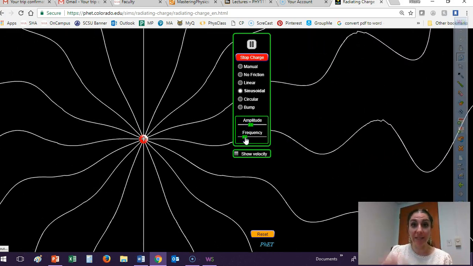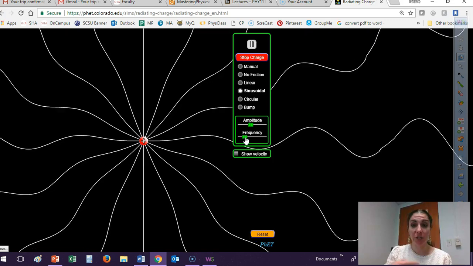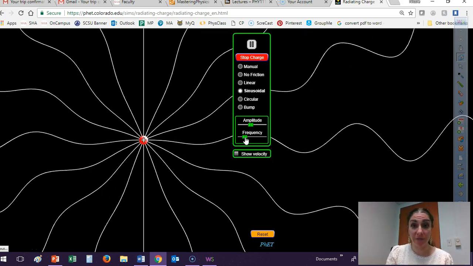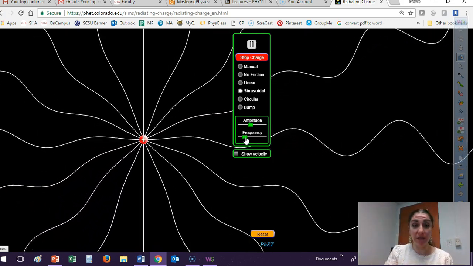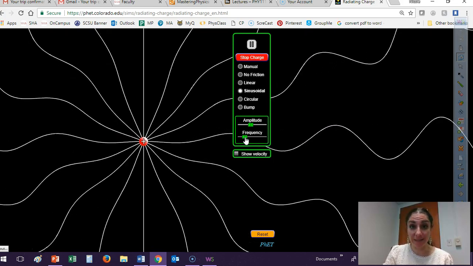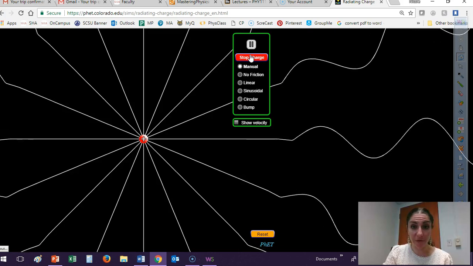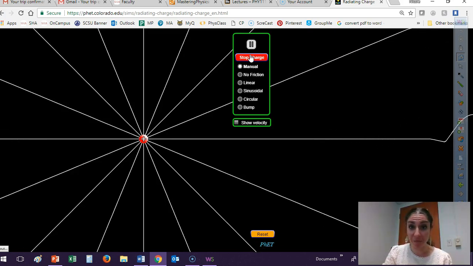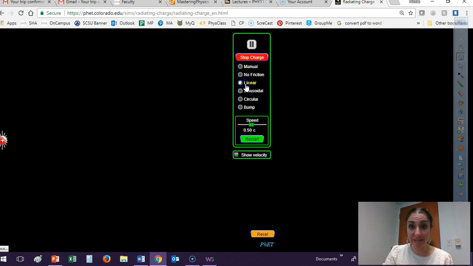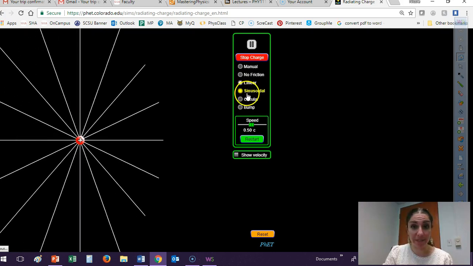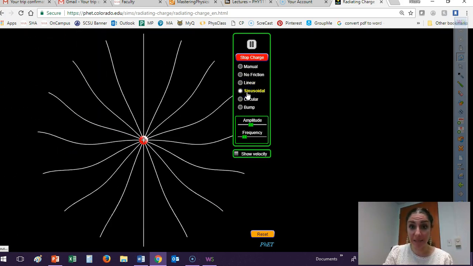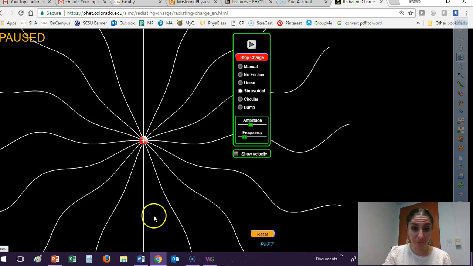And I hope you get the idea that an oscillating charge makes these waves, because we're changing the electric field like that. So I'm going to stop that charge. And then notice that a stationary charge doesn't make waves, and that a constant charge does not make waves. It has to be an oscillating or an accelerating charge. Okay.